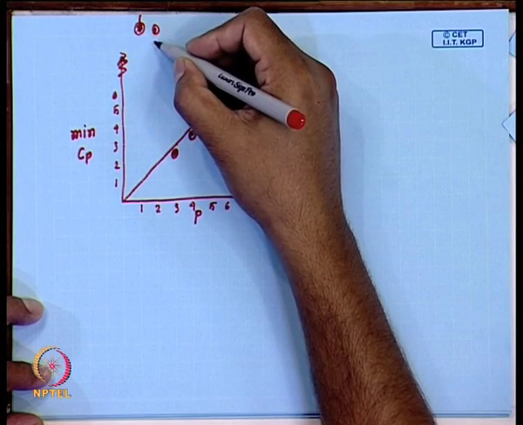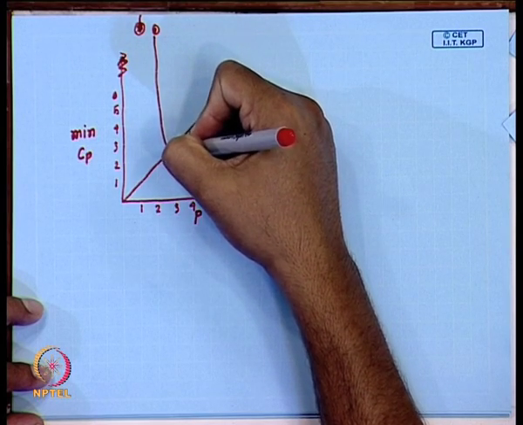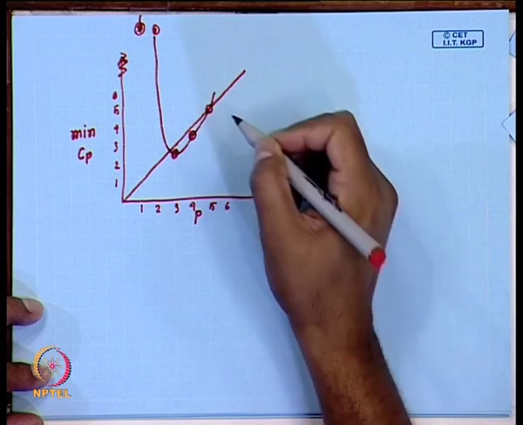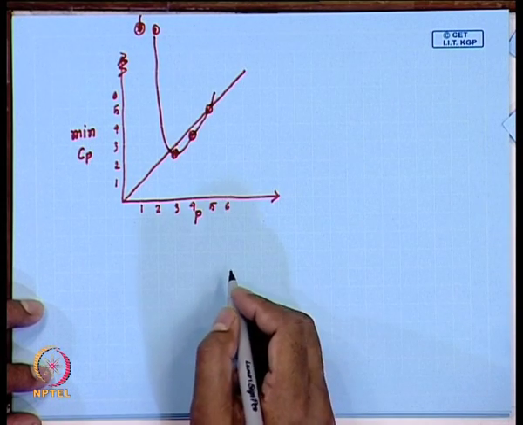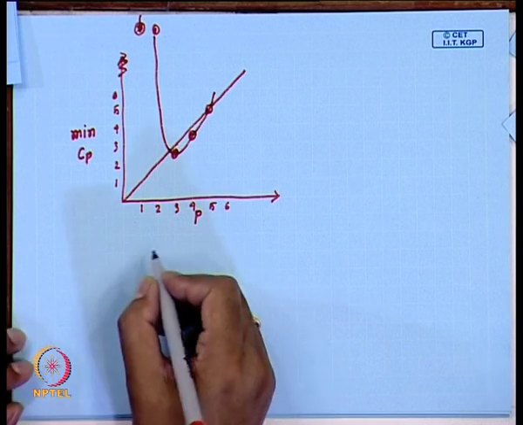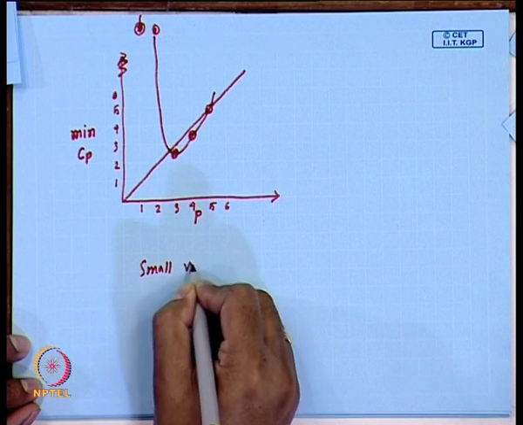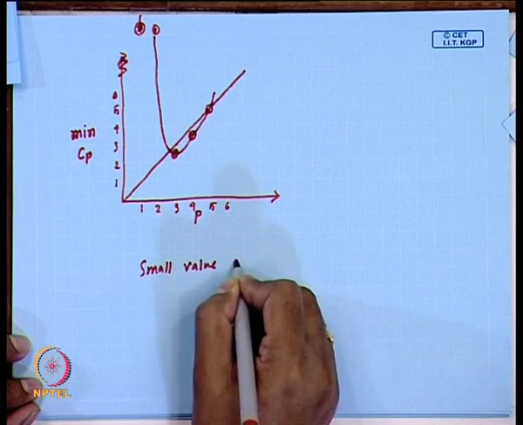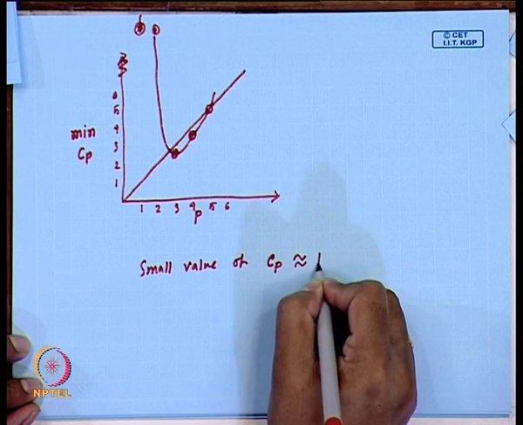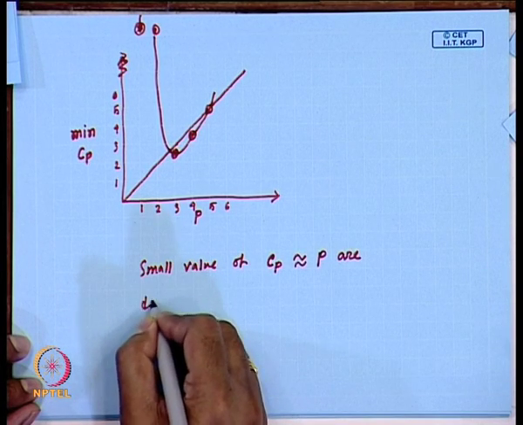So, you can see, if you draw it, now you join them. The selection criterion is that you choose a p with a small value of Cp which is close to p; those are desirable.